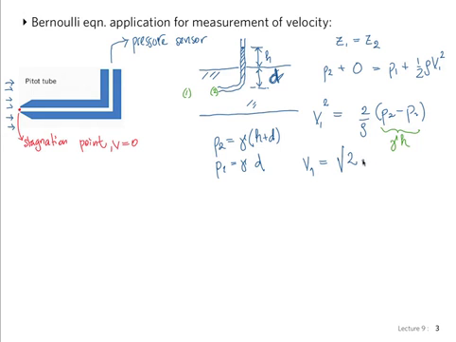Gamma is rho times g, so I can cancel out the rhos and simply get the square root of 2gh. And this is the pitot tube equation, or stagnation tube equation.